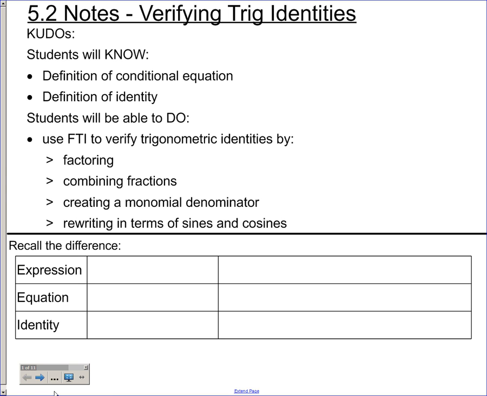So just to recall, an expression is something like 4x squared plus 3. Okay, so you have some terms, but you have no equals sign. The next step up would be an equation. So let's say we had 4x squared plus 3, and that was equal to 21.